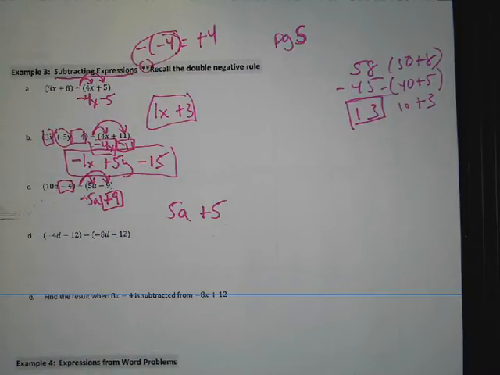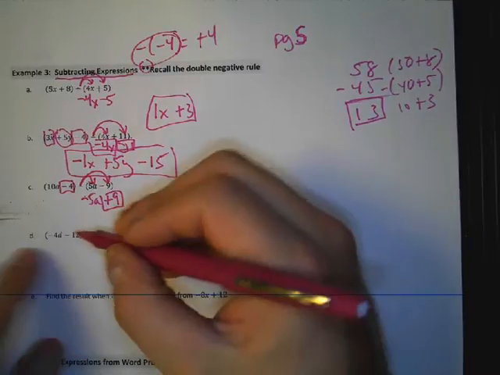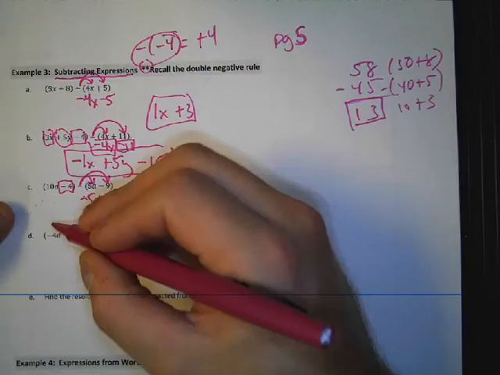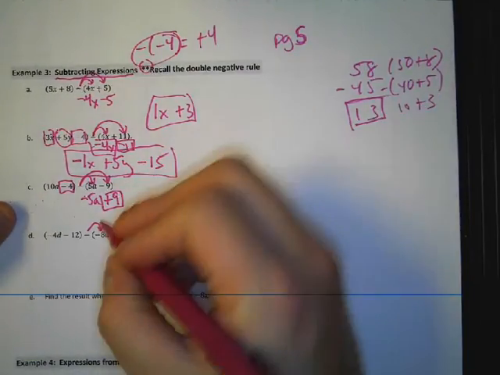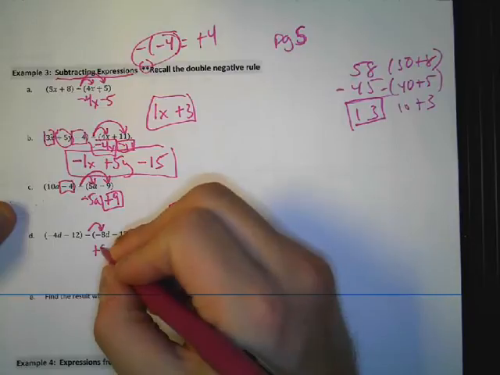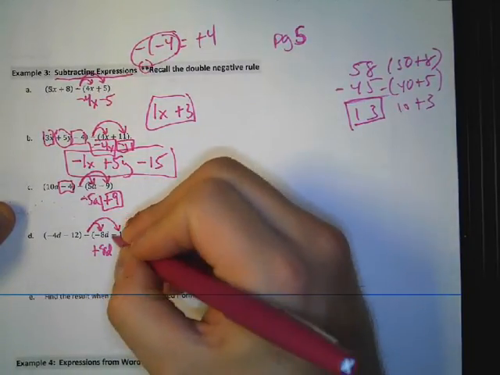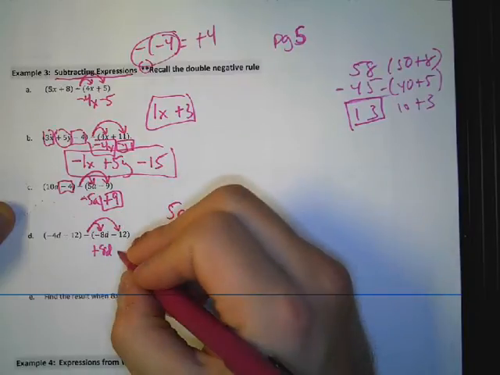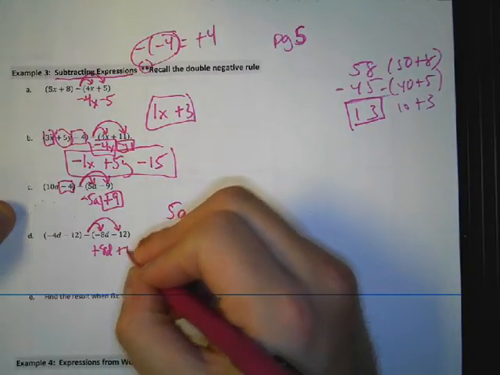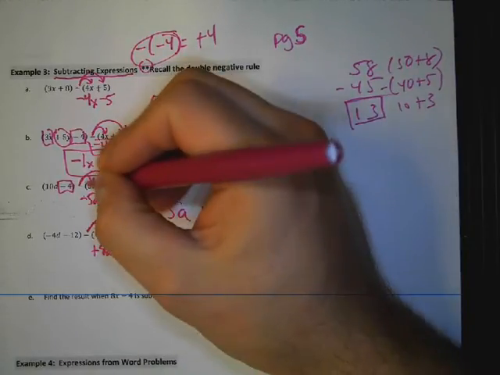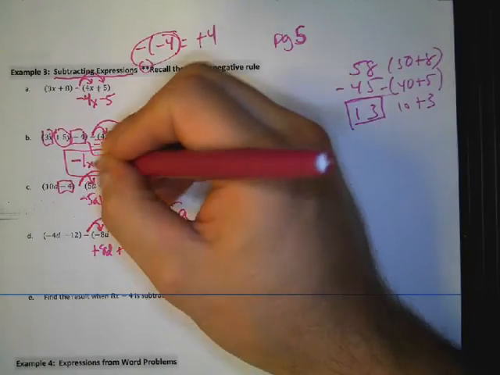And then D, be careful here, lots of negatives. Obviously if there's a lot of negatives, that's a place where you make a mistake. So here I've got negative 4d minus negative 8d. So a minus negative becomes a plus. And I've also got a minus negative 12. If I subtract a negative 12, it's the same as adding. So really what's happening is I'm distributing the negative sign to both of the terms, or it could be more than 2.